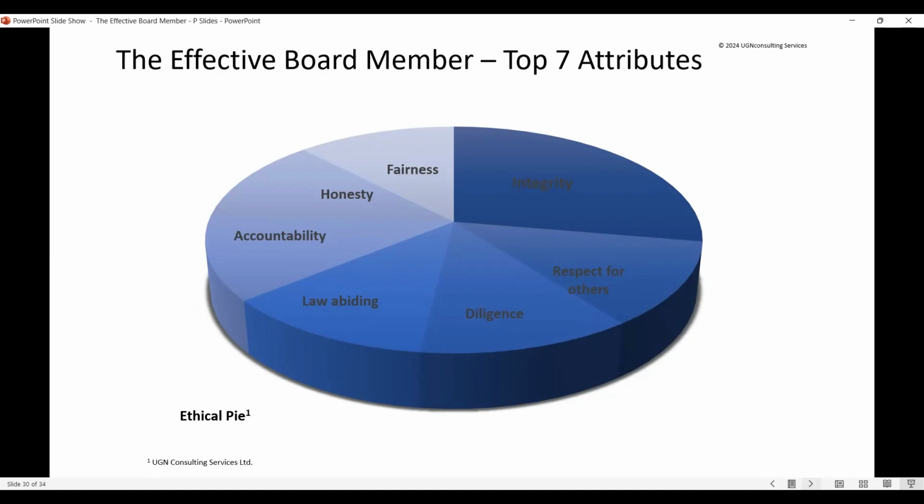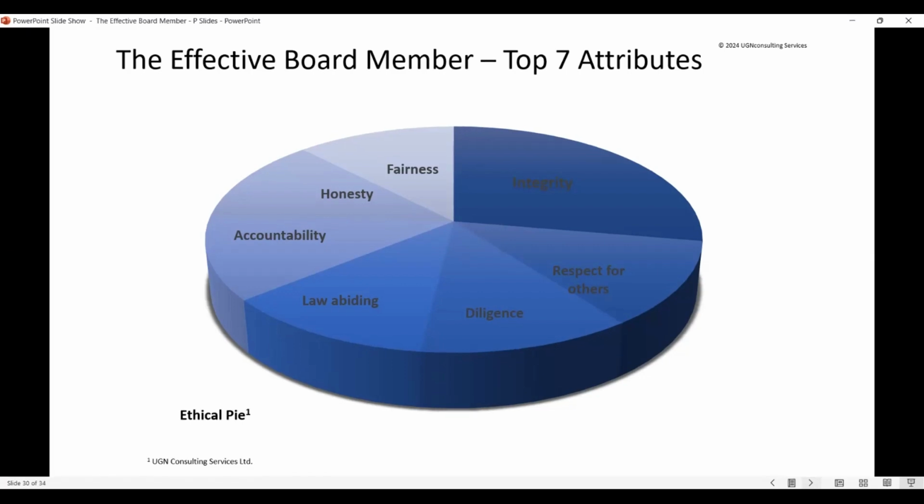If you look at this pie, integrity has the biggest chunk, because integrity is so important. Based on the survey we did on the top 7 attributes of an effective board member, I don't know how many of you saw that survey. The survey is still ongoing, but as of today, the result shows that integrity was ranked number 1 as the most important attribute of an effective board member.